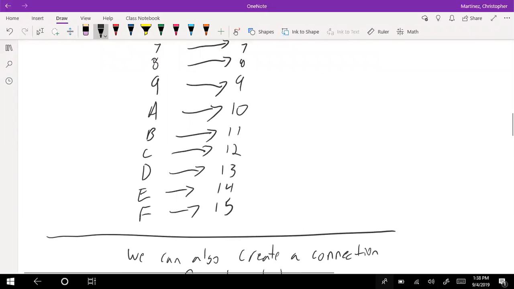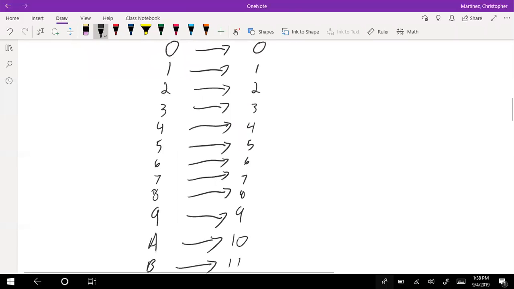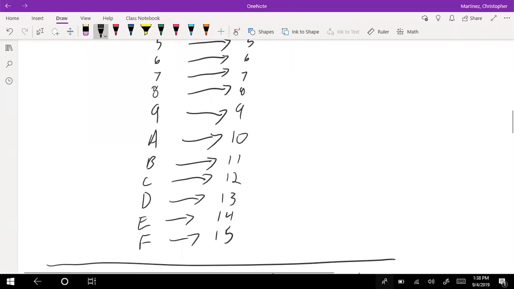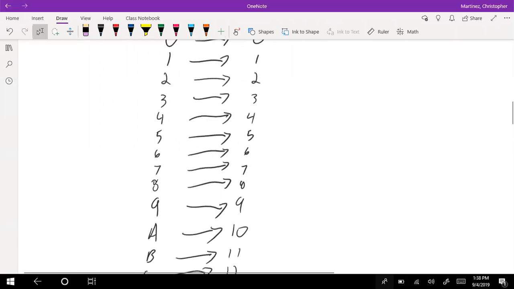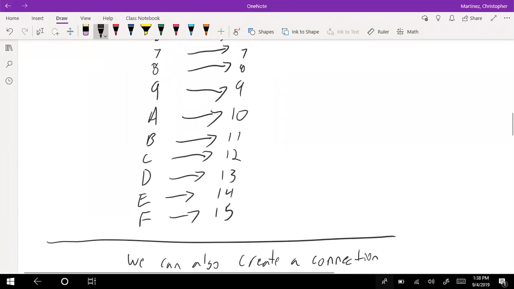Well, A will be the value 10, B is 11, C is 12, D is 13, E is 14, and F is 15. So we can say decimal goes from 0 all the way to 15. The digits are 0 all the way up to F.